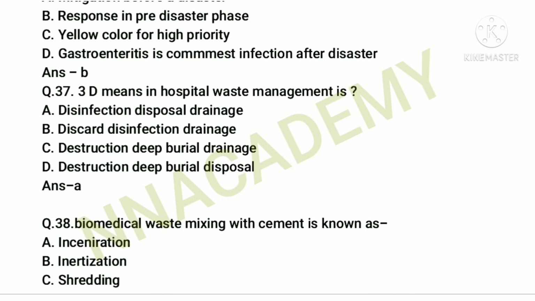So here the right answer is disinfection, disposal and drainage. 3 Ds in hospital waste management stand for: 1 for disinfection, 2 for disposal and 3D for drainage. So the right answer is option A.